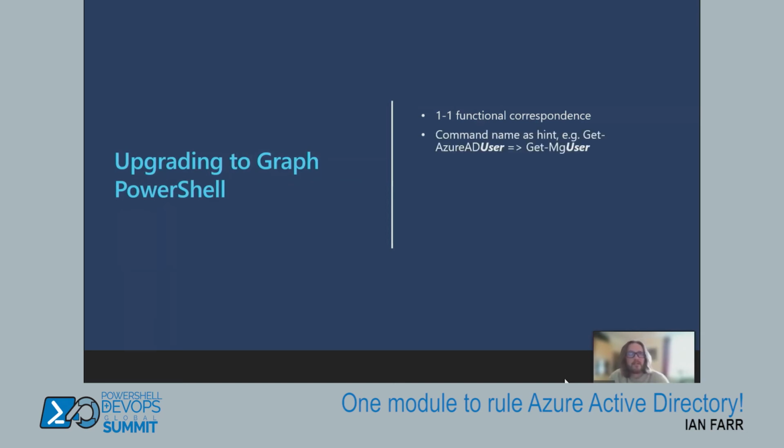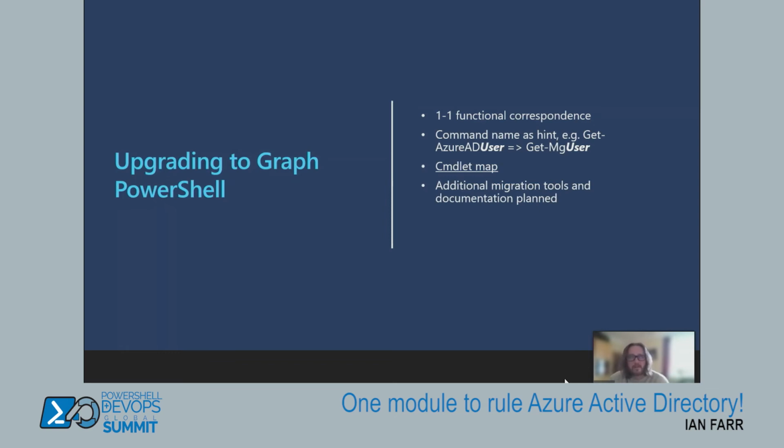And by that, I mean, if you take something like Get-AzureADUser, Get-MsolUser even, you'll tend to find that it maps to Get-MgUser. So that's a really good starting point. Is it always the case? No, there's sometimes some additional commandlets in Graph PowerShell you have to take account of. But given that, make use of the commandlet map. So for those cases where there isn't necessarily one-to-one functional mapping.